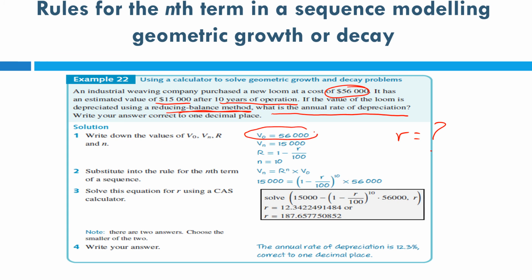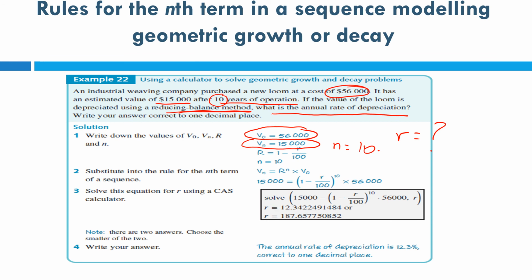So you write down everything you know. So we know that the initial value was that. What you don't know: VN is going to be worth 15,000 after so many years, which we don't know. So that's R. Sorry, the interest rate we don't know. No. It says in here it's after 10 years, doesn't it? Yep. So we know that N is equal to 10 as well. We know what big R is, so we know that. And now it's just substituting. But you guys don't need to do this by hand. You just use your solver and that will give you the answer.